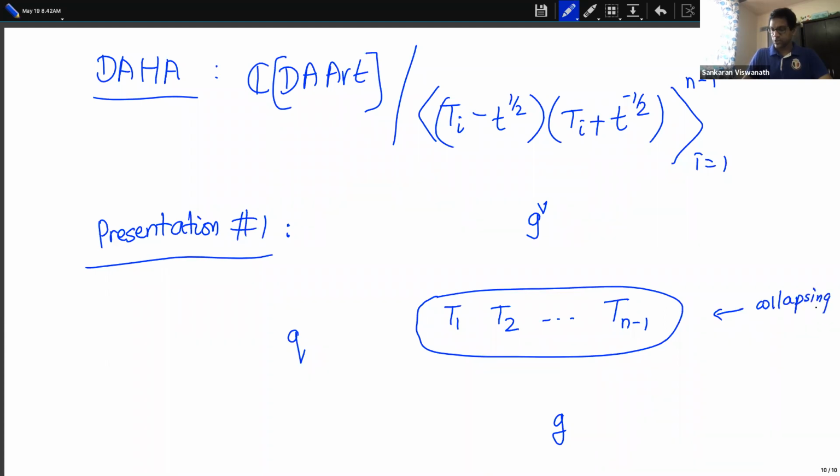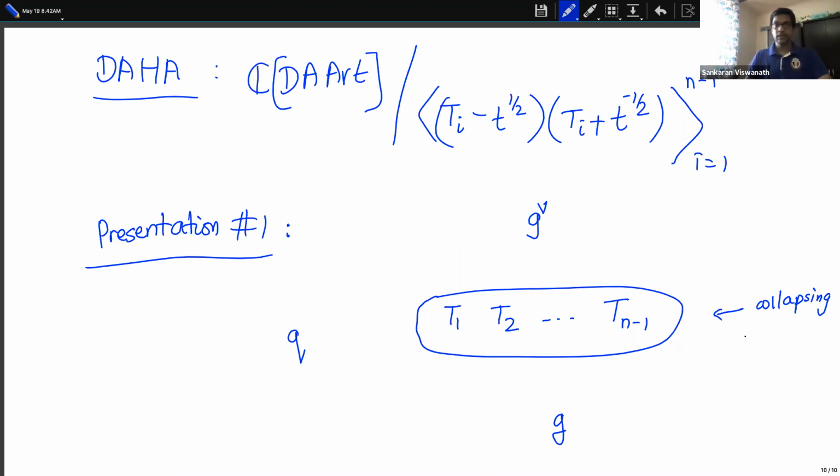In the sense that Ti squared is written in terms of Ti and the identity. So the Hecke relations here lead to some collapse among the Ti's in the group algebra of the DAAG. When I say collapsing, this is of course relative to the DAAG itself. So this is the first presentation.